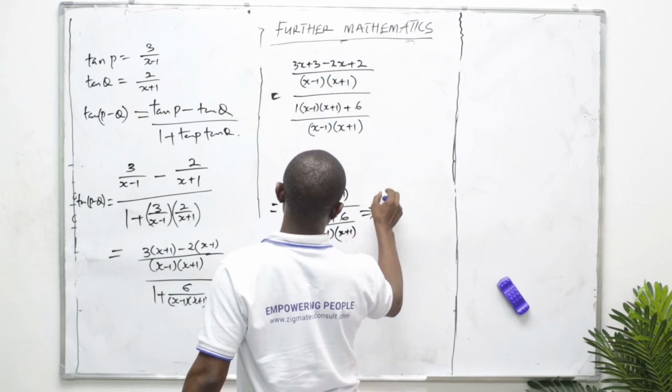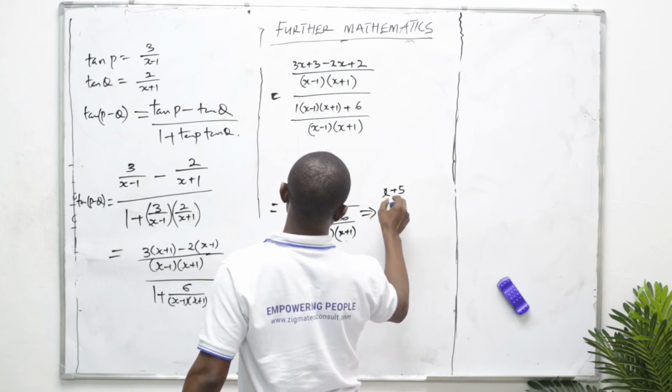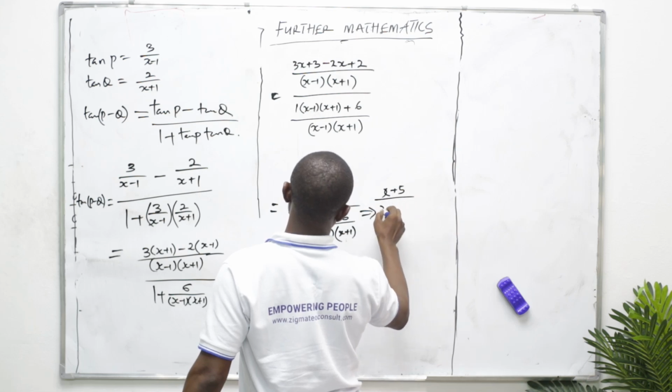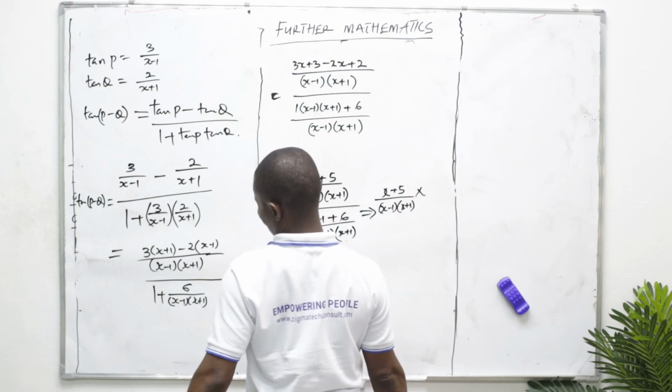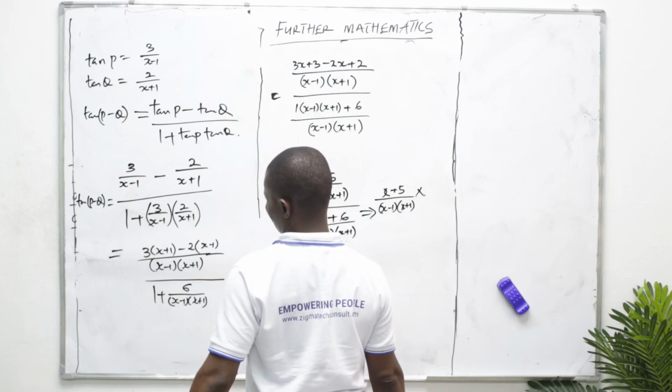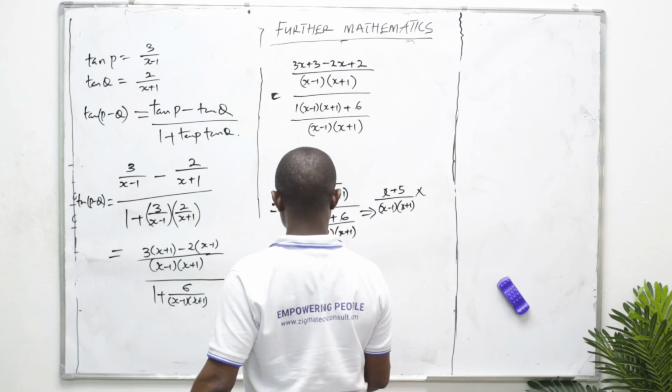This implies x plus 5 over x minus 1 into x plus 1 times, this is 1 multiplied by this, times this.